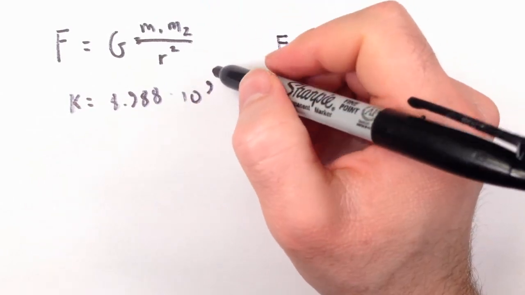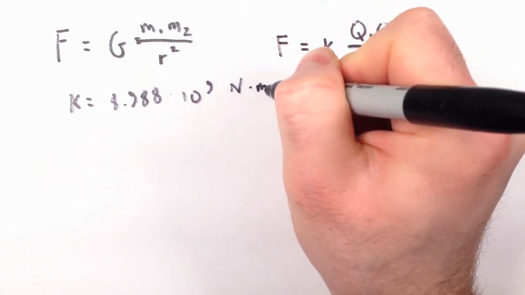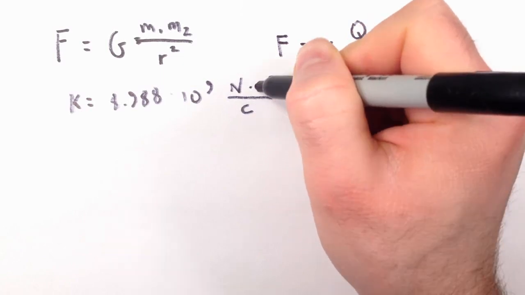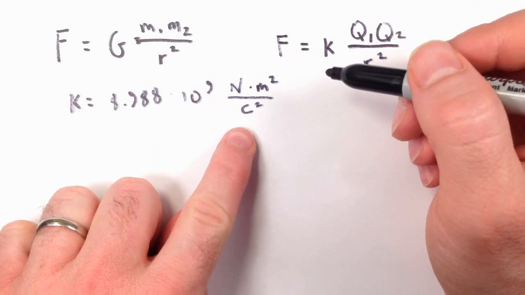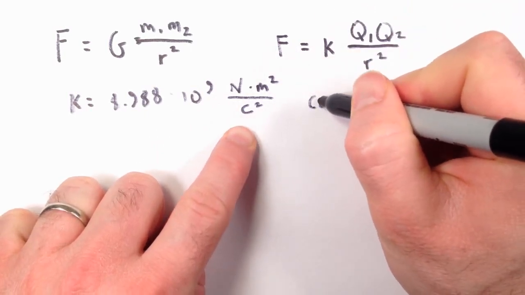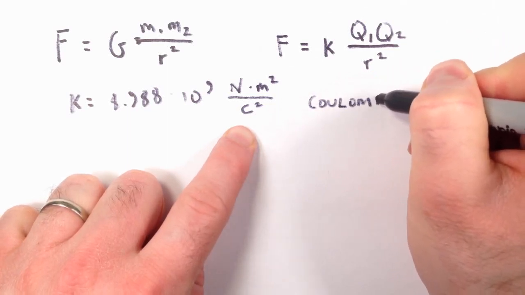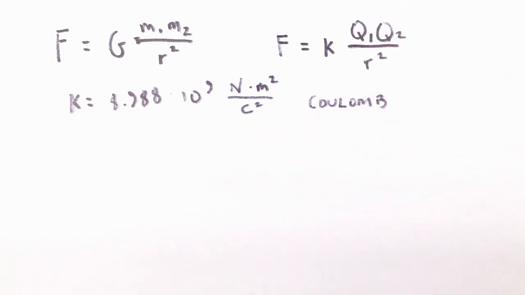And the units are Newton meters squared per Coulomb squared. Okay, so what is this? This C here refers to the unit of charge, Coulomb. That's the basic unit of charge.